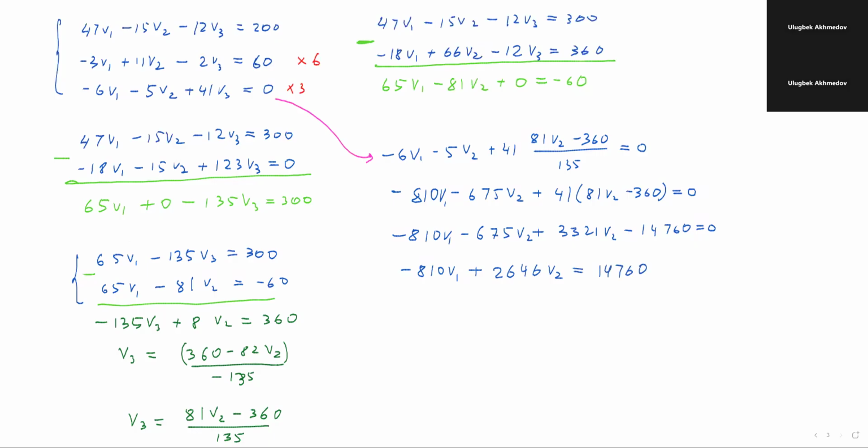Let's solve this for V2. So V2 in terms of V1 will be equal to 14,760 plus 810V1 over 2646.